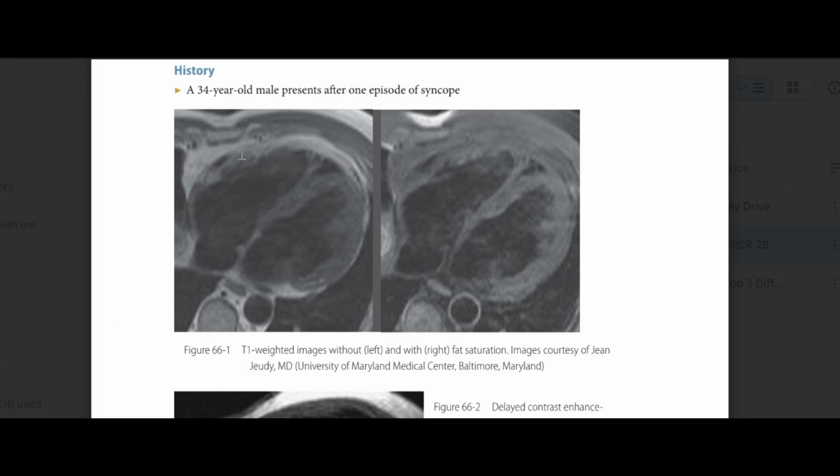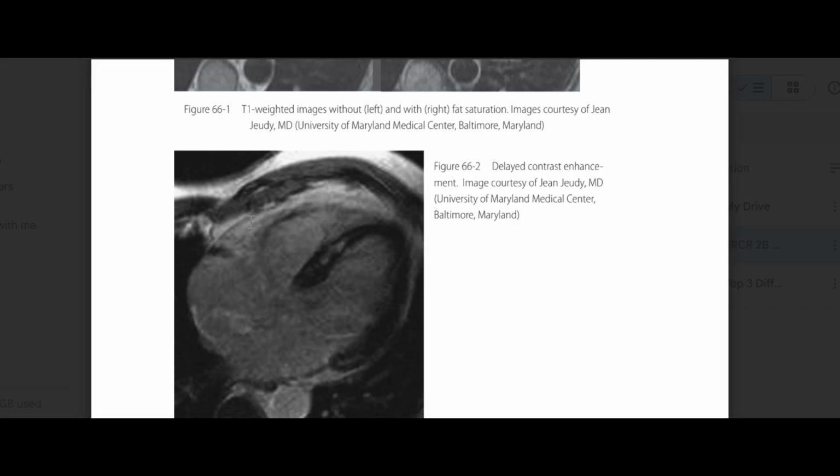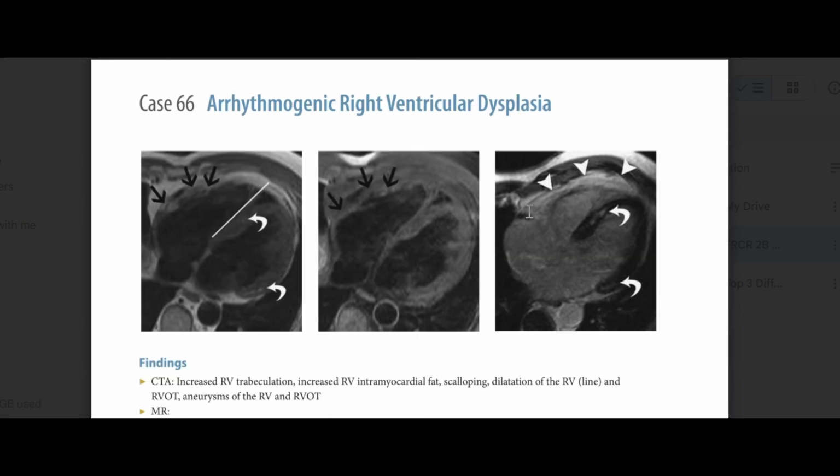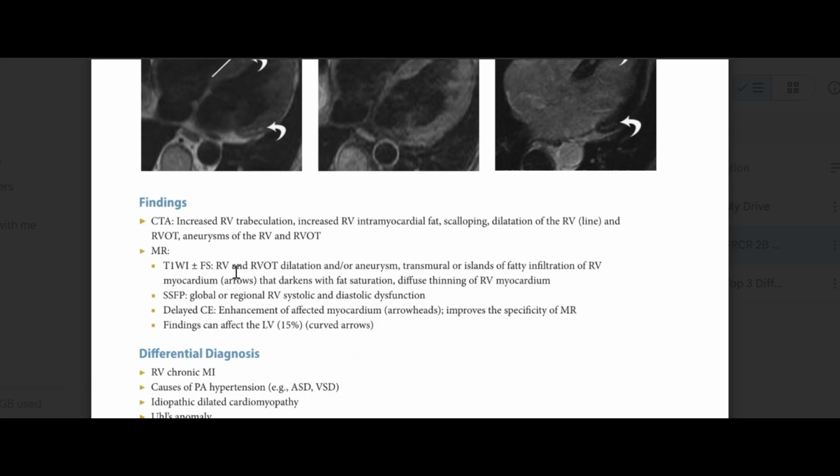So there's thinning of the right ventricle with delayed contrast enhancement. Delayed contrast enhancement on the dynamic MRI. This is the delayed contrast enhancement.